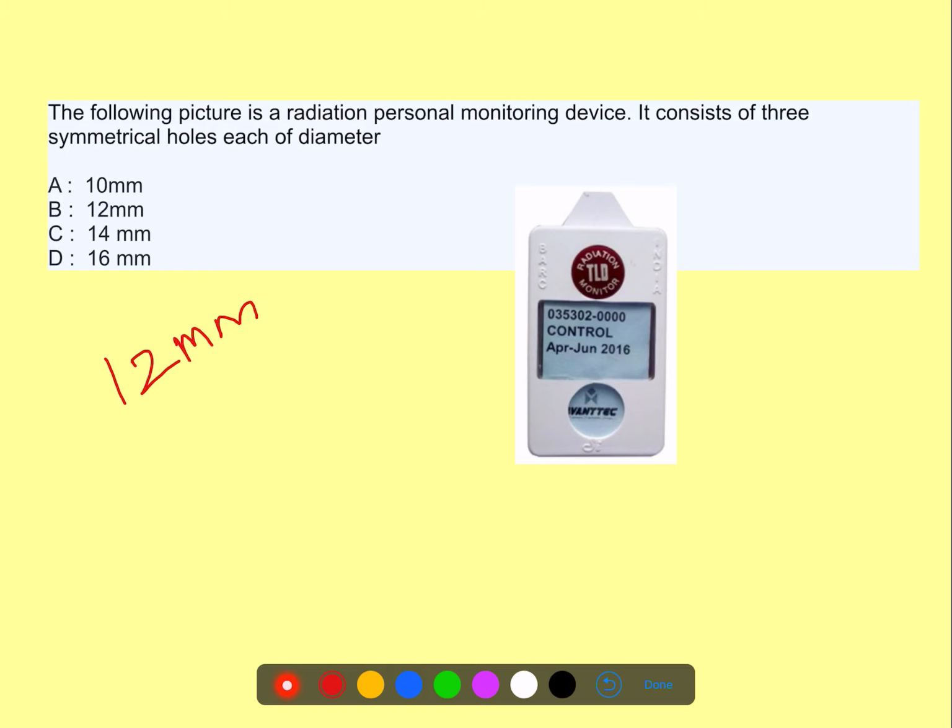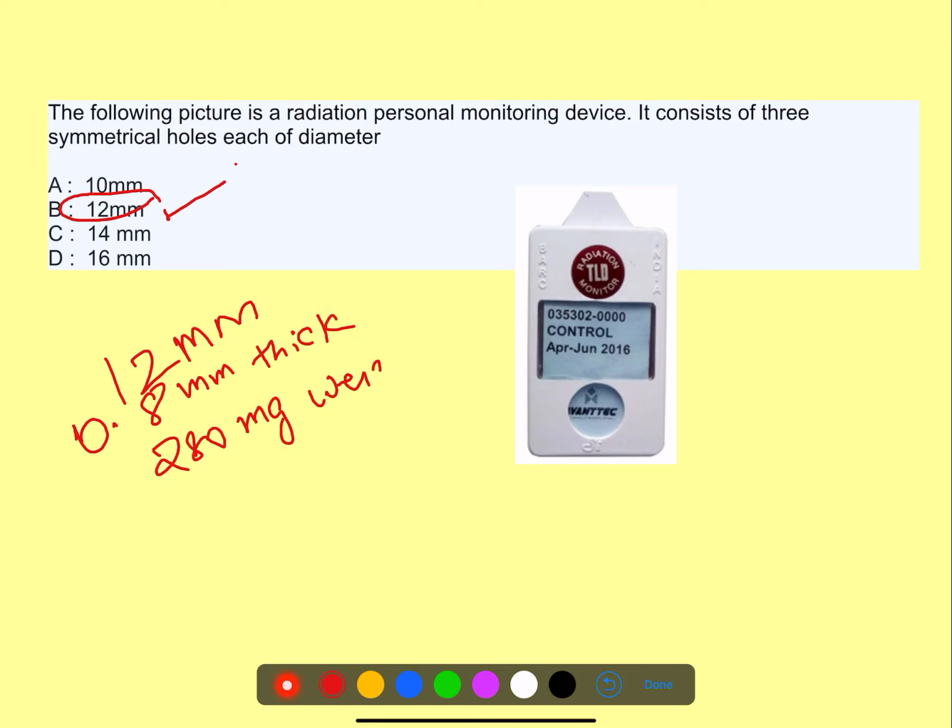So you can select the dimension of 12 mm, and they are 0.0 mm thick and 280 milligrams weight, and it is a TLD badge which works on thermoluminescence.